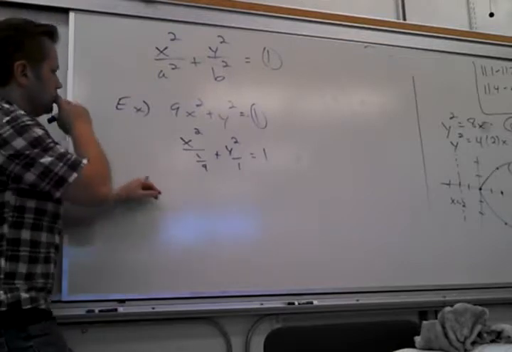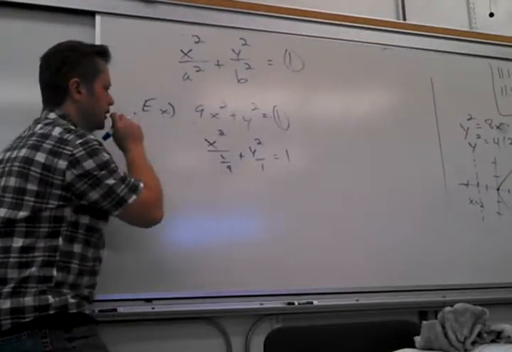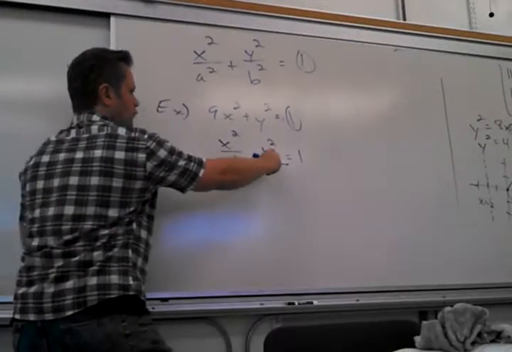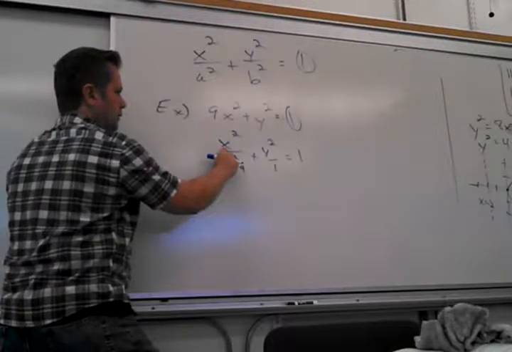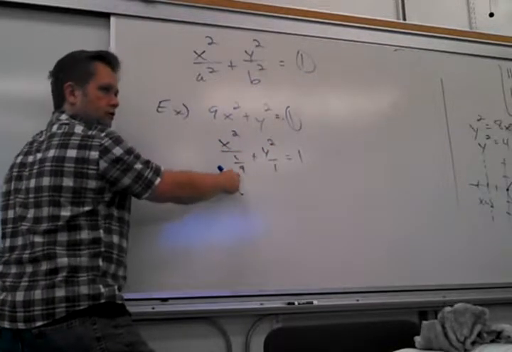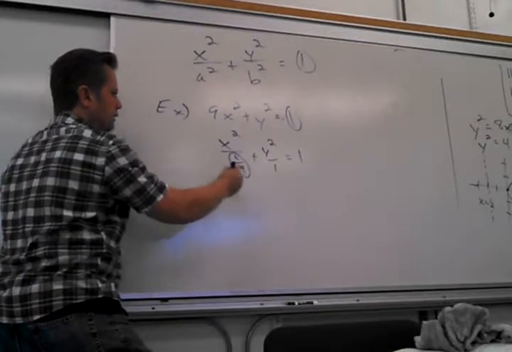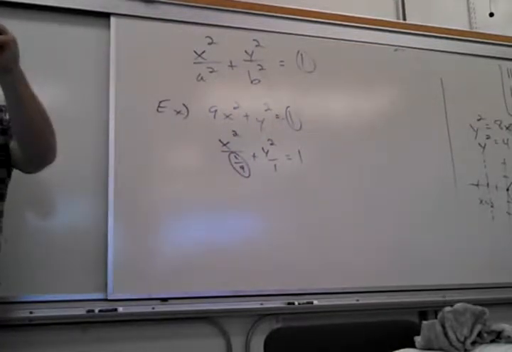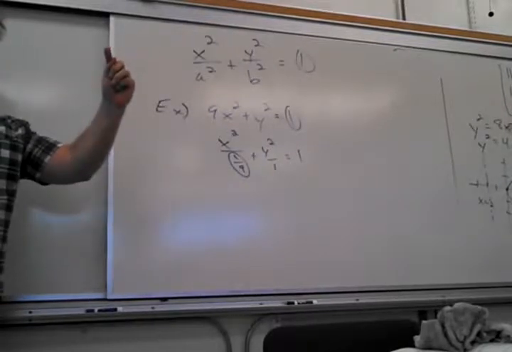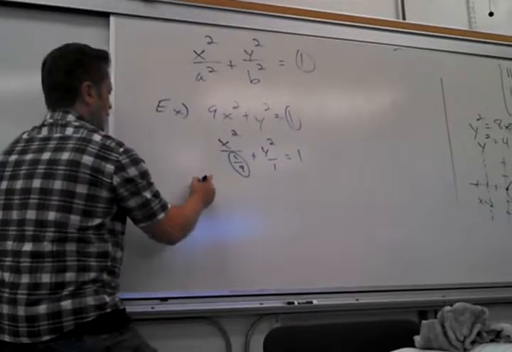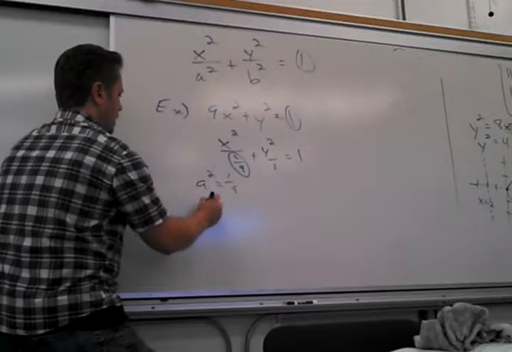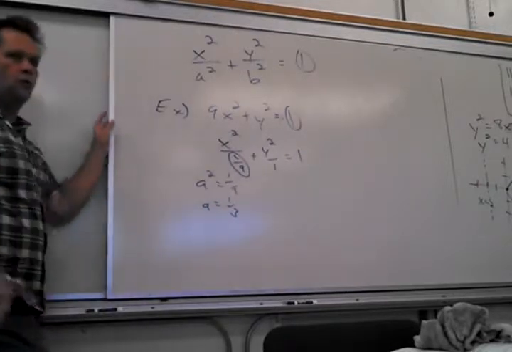Cool. So here's the nice thing here. If y was 0, x squared has got to be 1/9 to make it 1. So in general, whatever this is underneath is the square of the distance you go out on the x-axis. So if I say a squared is 1/9, a is 1/3.